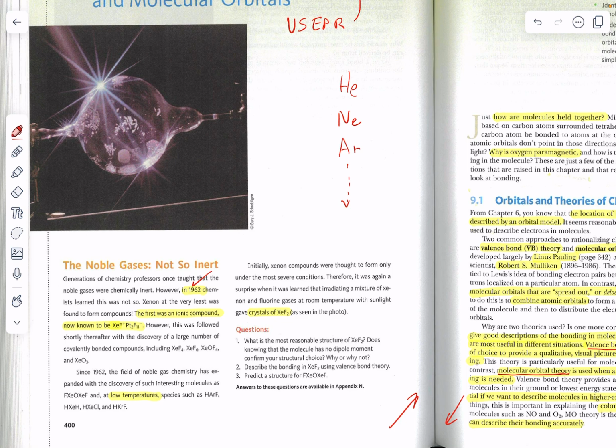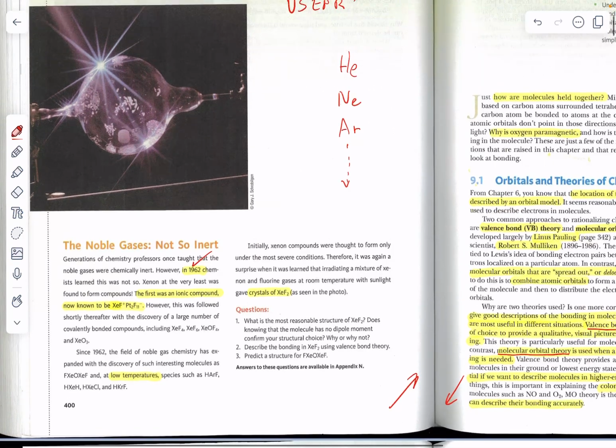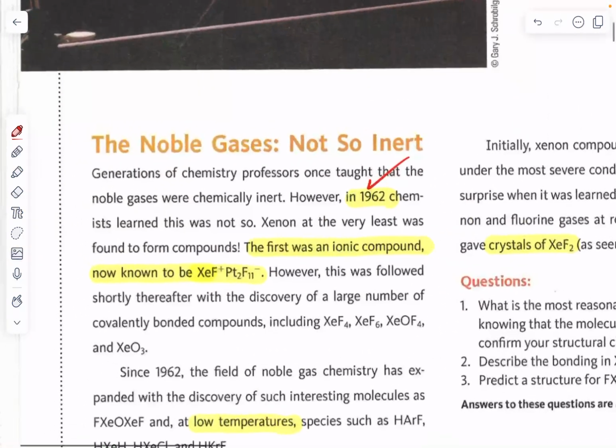But this first compound from 1962 is right here. And in a later chapter, you're going to learn a lot about the nomenclature of transition metals, and platinum, by the way, is a transition metal. They talk about all the rules for naming these complex polyatomic ions.